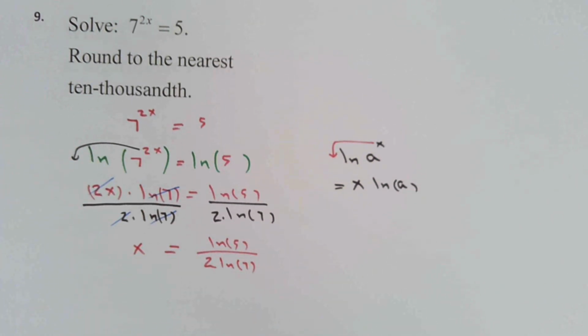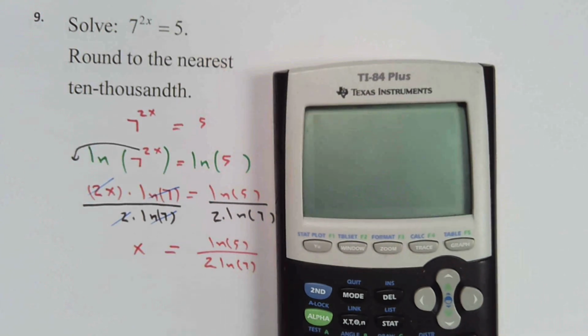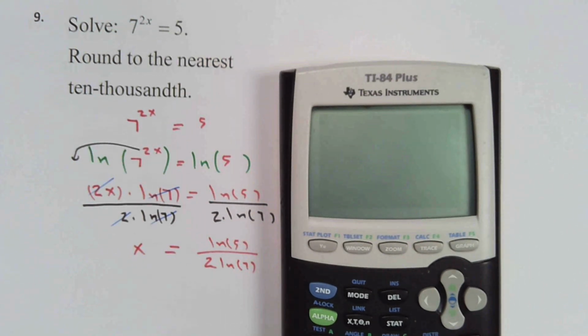Let's reach out for the calculator, and here's what I'm going to do. Open parenthesis, ln 5 for the top, that's my numerator, divided by open parenthesis for the denominator. Inside I'm going to write 2 ln 7, close the denominator, and I have 0.4135437377.